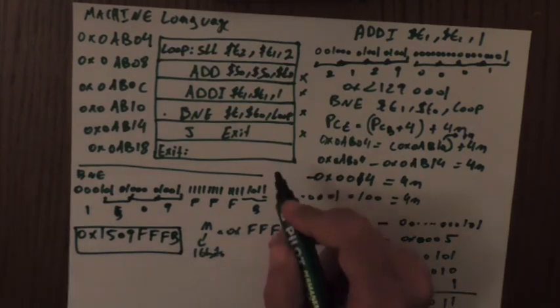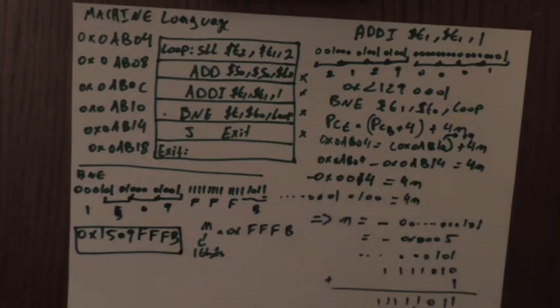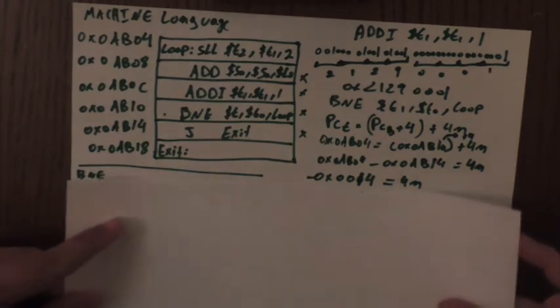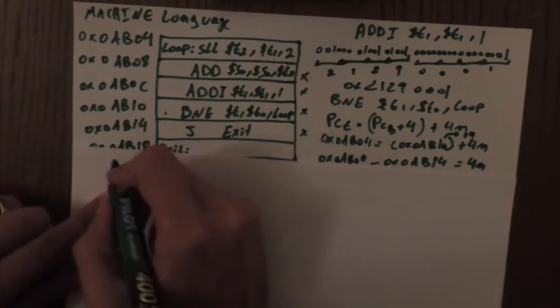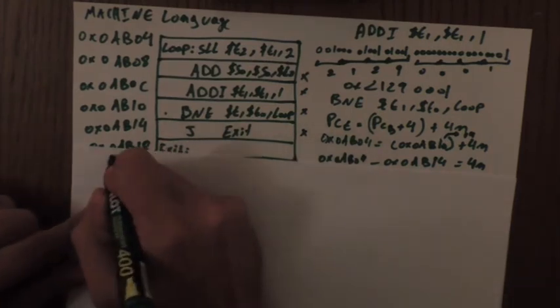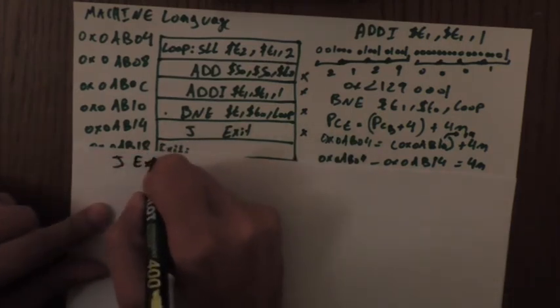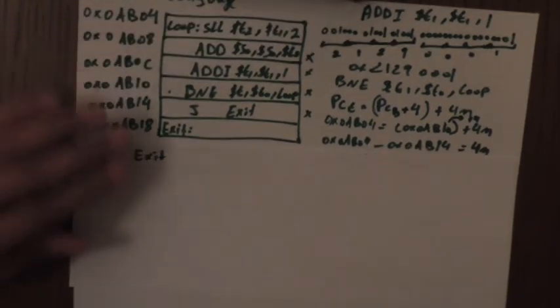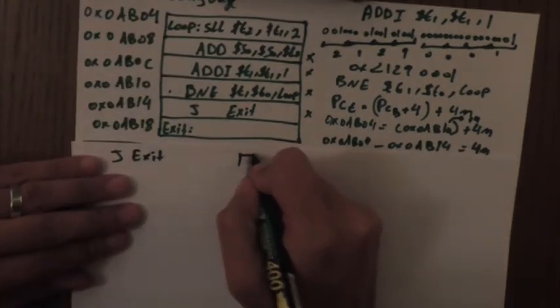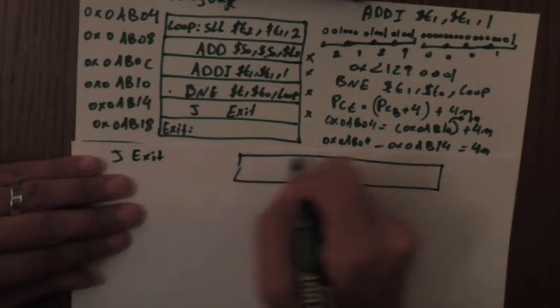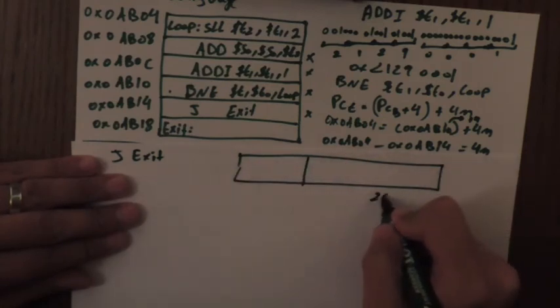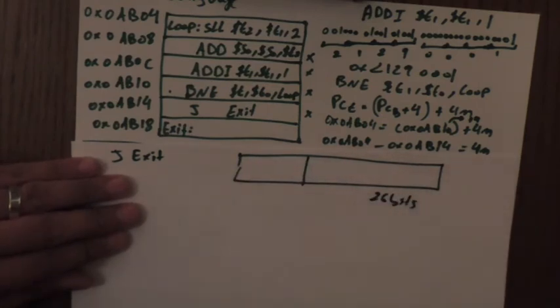Now the last instruction I'm going to do is the jump instruction, and this jump instruction uses pseudo-addressing. So let's write this: jump exit. Jump exit has a 6-bit opcode and 26 bits immediate.